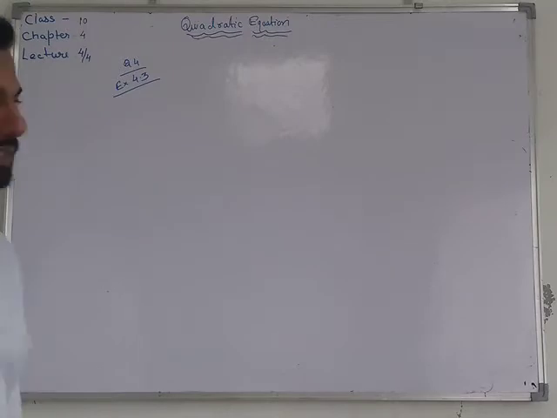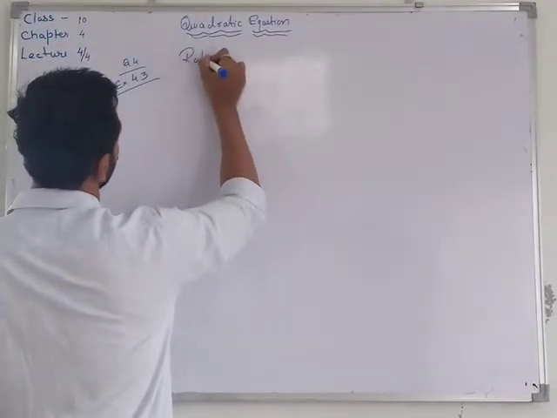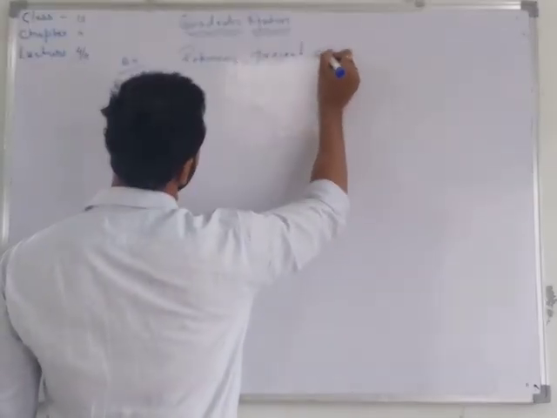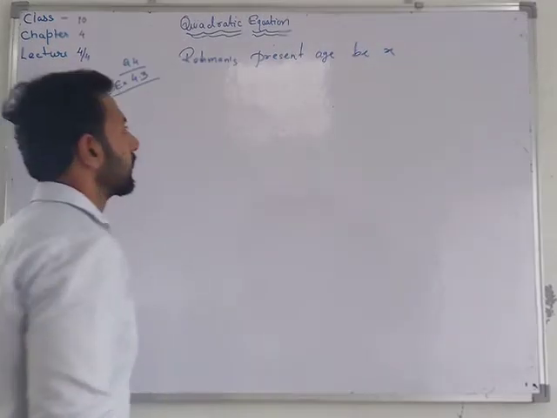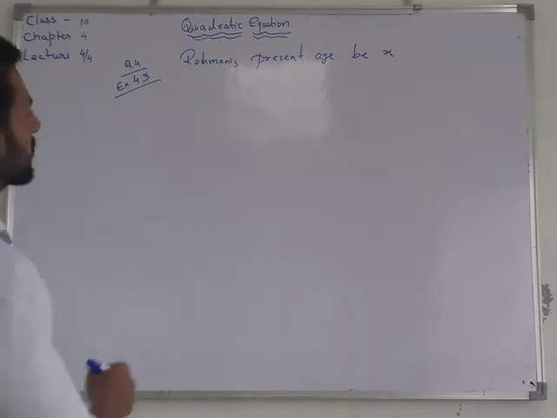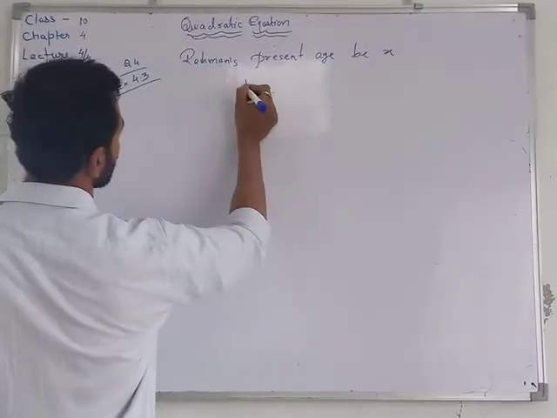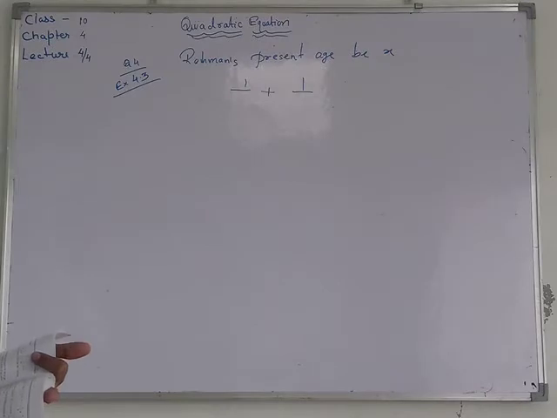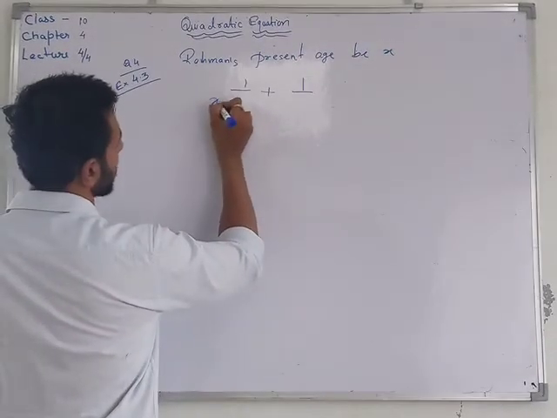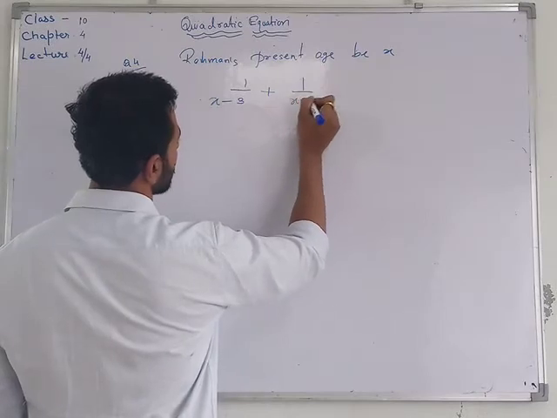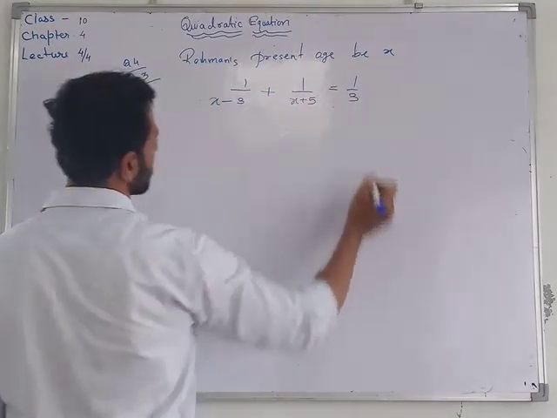Let Rahman's present age be x. The condition given is that the sum of the reciprocals of Rahman's age 3 years ago, which is x minus 3, and 5 years from now, which is x plus 5, is 1 by 3.